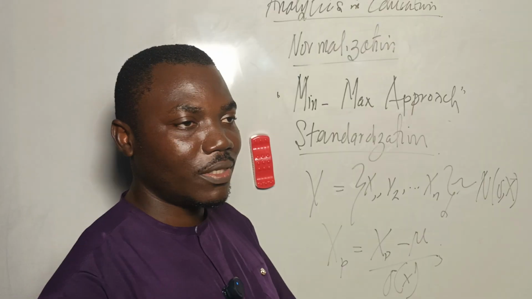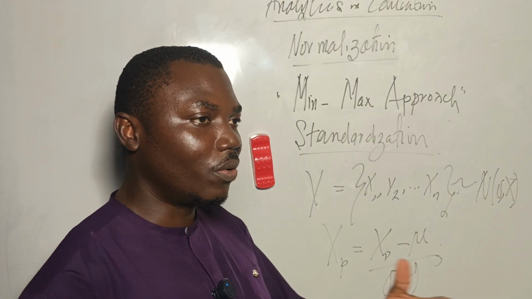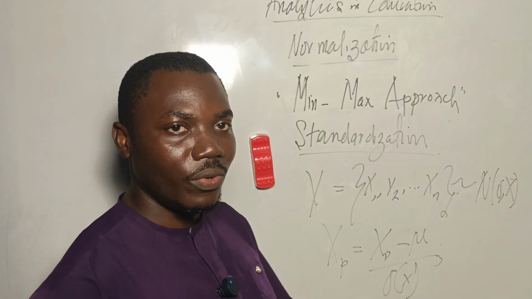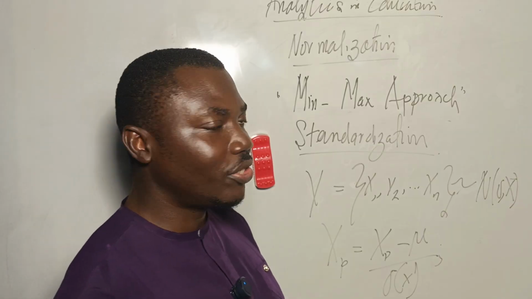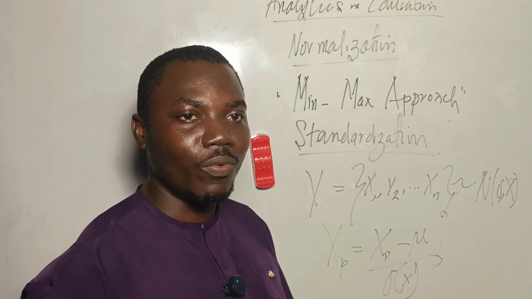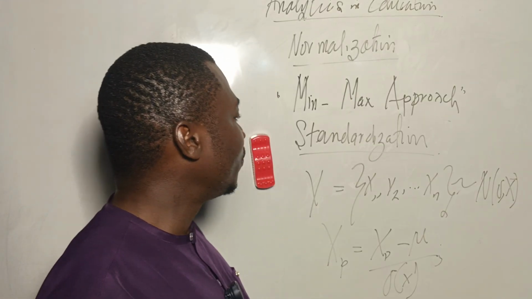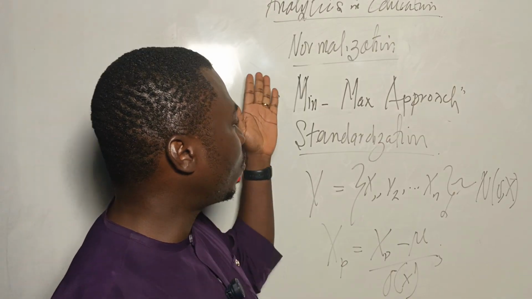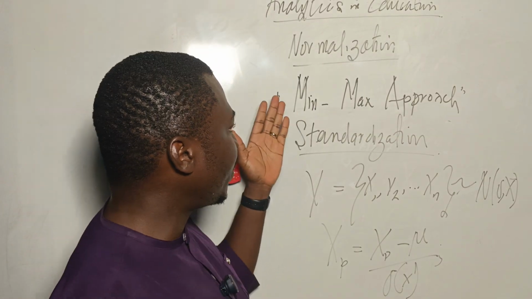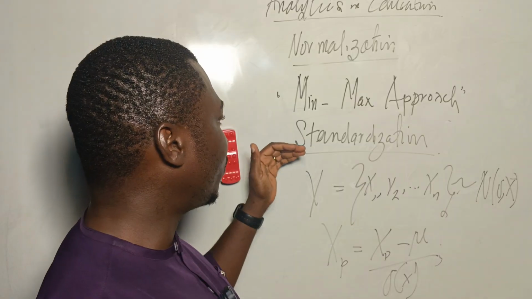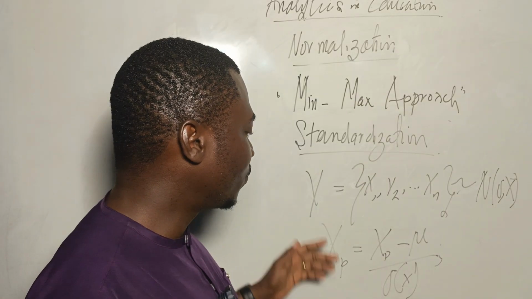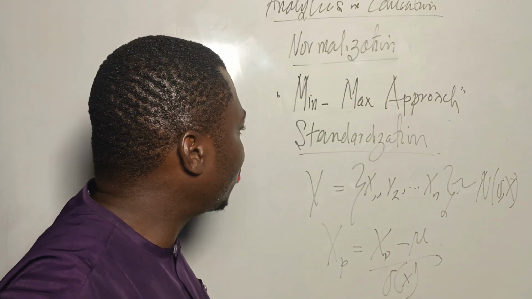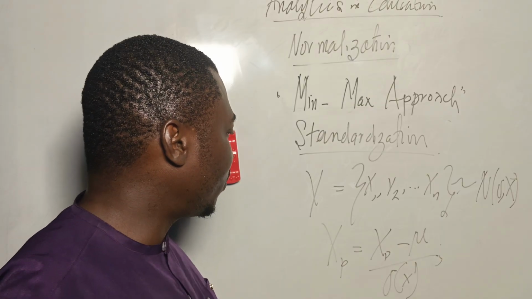Some could be in centimeters, some in kilograms, depending on the unit. So once there are variations in the unit of measurement, which is very much practicable, you have to normalize your data set. You either use the min-max approach or the standardization approach. These are the two fundamental approaches that you can use to normalize your data.